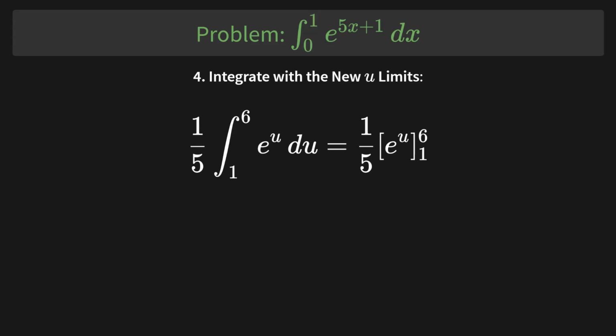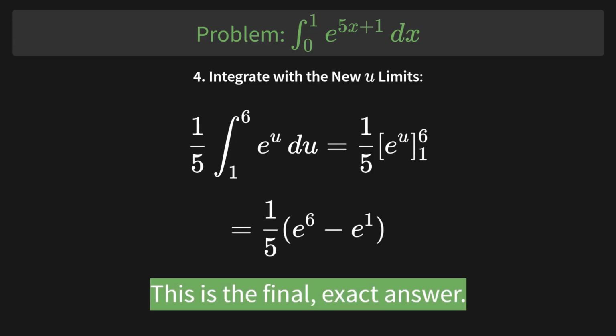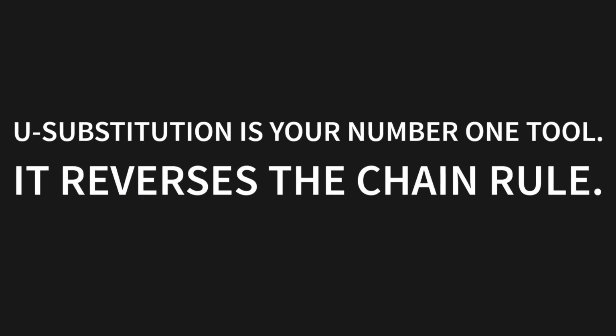We have 1/5 times the integral from 1 to 6 of e to the u du. This equals 1/5 times e to the u evaluated from 1 to 6, which is 1/5 times the quantity e to the sixth minus e to the first. This is the final exact answer. No back substitution needed. It's faster, cleaner, and way less prone to errors.